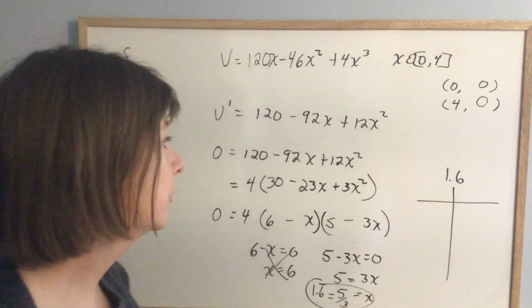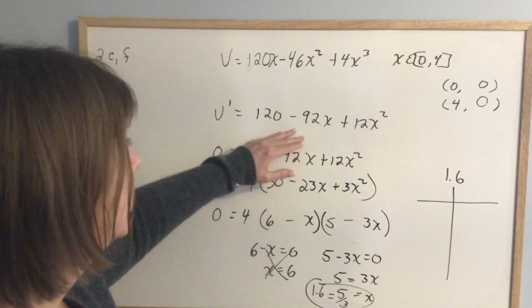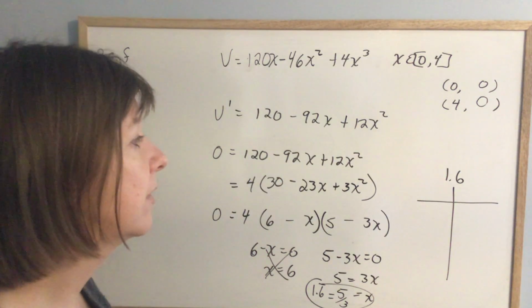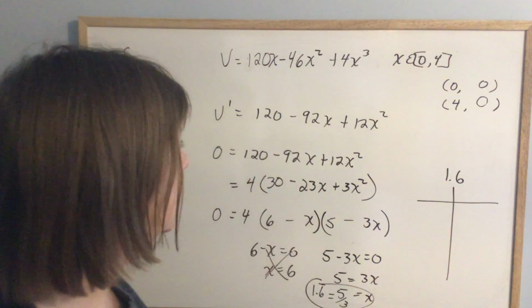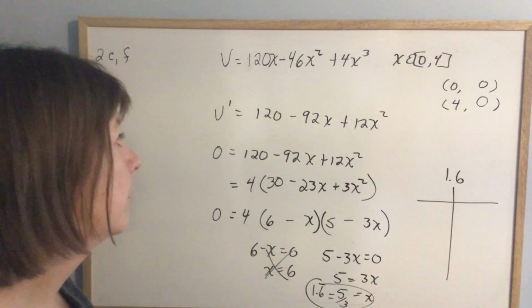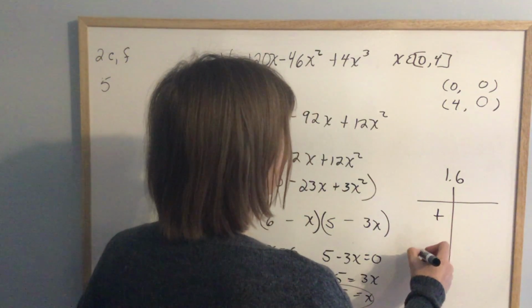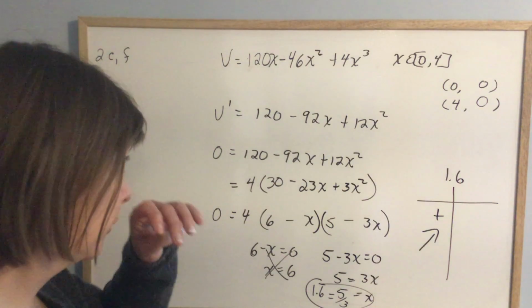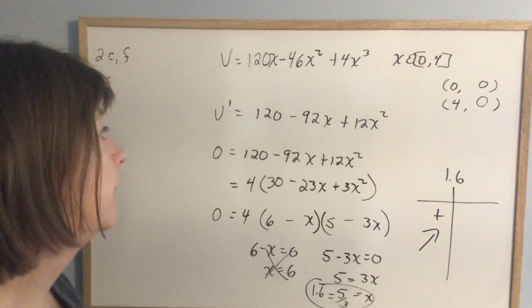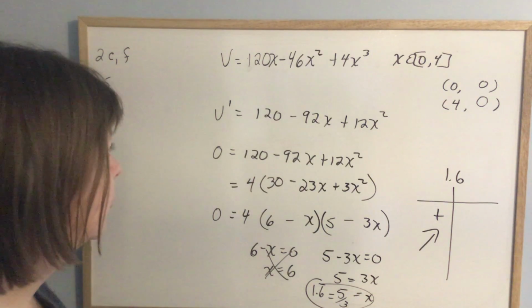So I'm going to pick a number before 1.6, like 1. I'm going to put it back into the derivative, and I'm going to see whether I get a positive or a negative. So that would be 120 minus 92 plus 12. I don't know what the answer is, but I know it's positive. And so that means it's increasing. I'm going to pick a number after 1.6, like 2, and I'm going to put it back into the derivative.